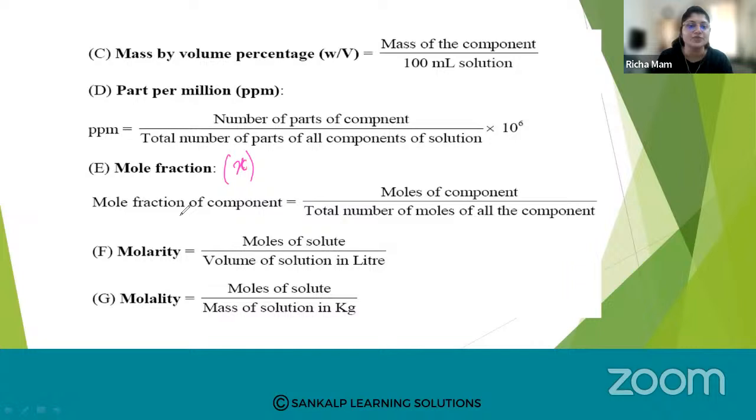So mole fraction of a component is given as moles of solute divided by the total number of moles of all the components. So this is your mole fraction. Mathematically, it will be xa equals chi a equals na divided by na plus nb.